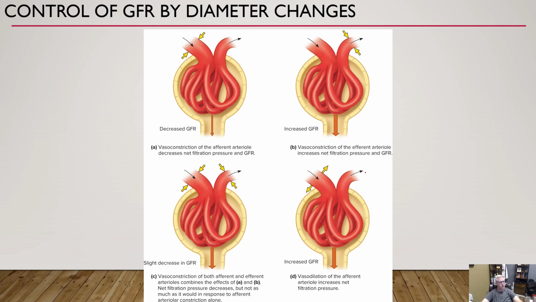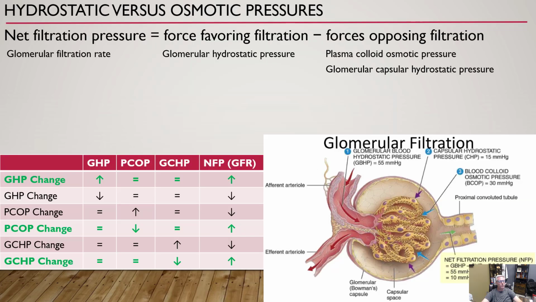Here's just kind of like a picture version of what we just talked about, and you can also vasodilate or vasoconstrict both the efferent and afferent arterioles. All right. So now if we put it all together, we have our net filtration. That's a direct result of our glomerular filtration rate.